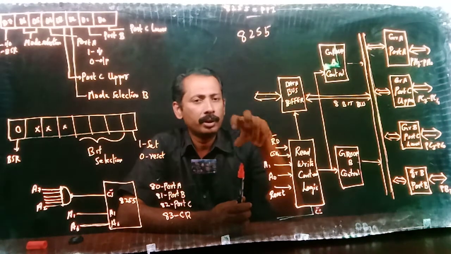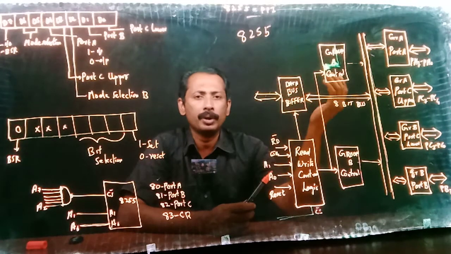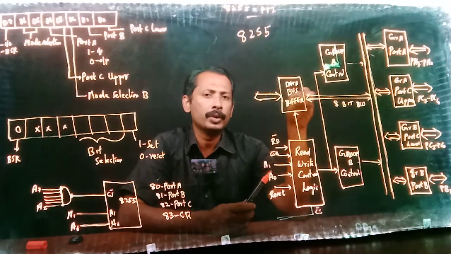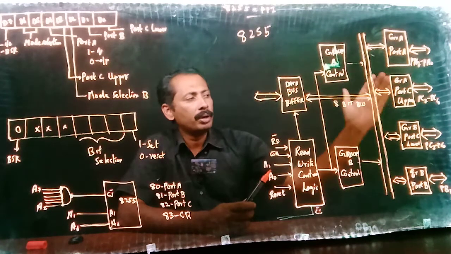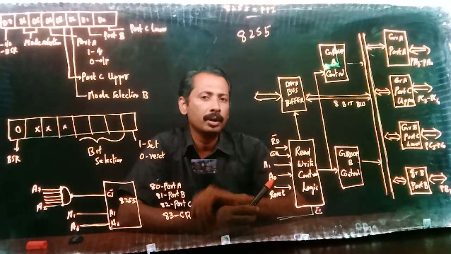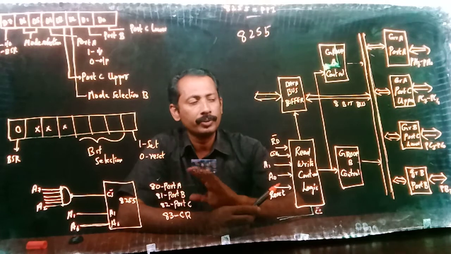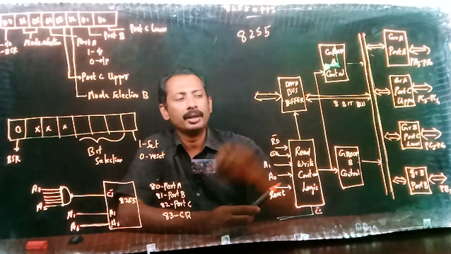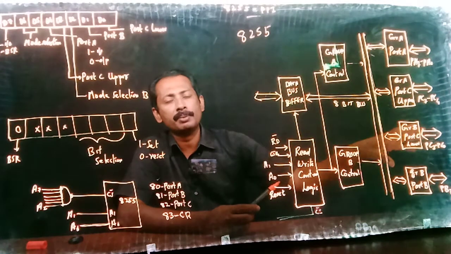When we do so, what device is connected to each port? It can be an input device or an output device. For each port, what devices are connected, input or output, has to be informed to the 8255. We have to configure the 8255 in such a way that the ports behave either as input or output.